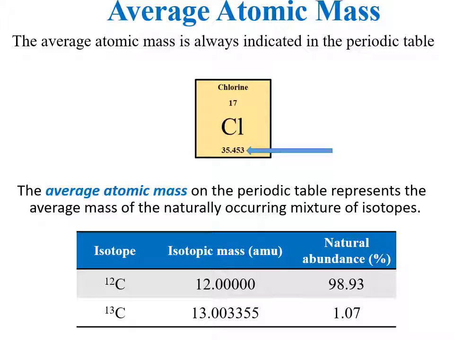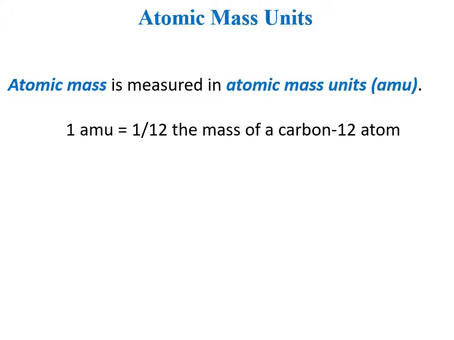The natural abundance of these two is different. And so when we see the atomic mass for carbon as being 12.01, it takes into account that there is more carbon 12 than there is carbon 13.